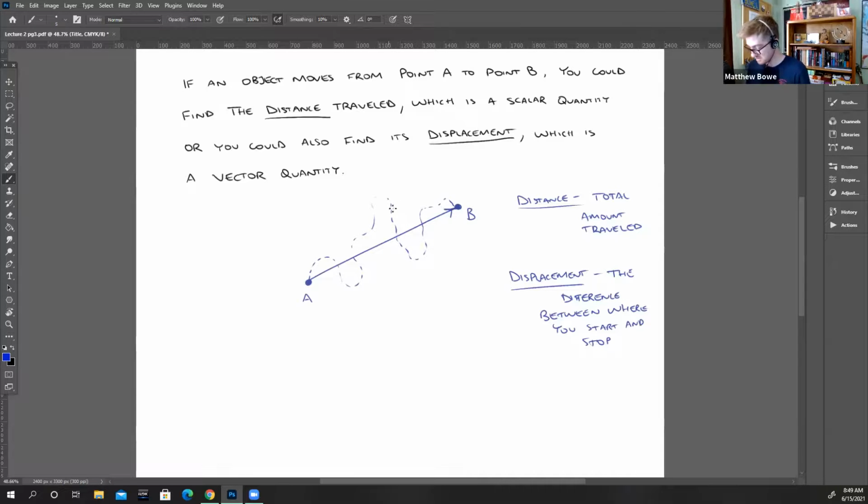It's just a distance that you've traveled to get there. The displacement in this example is if I took a picture of you starting at point A, and then I took a picture of you again, where do you end up? We end up at point B. So that is this displacement, which is this solid blue line. That's the difference from where you start and stop. It doesn't really matter the path that you exactly took. And that's why this is a vector.